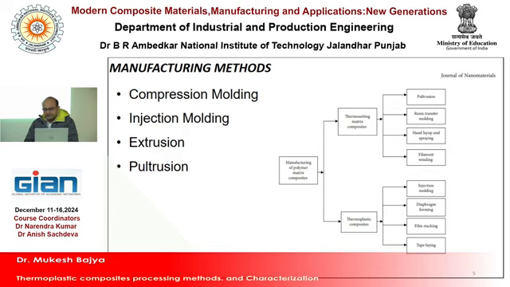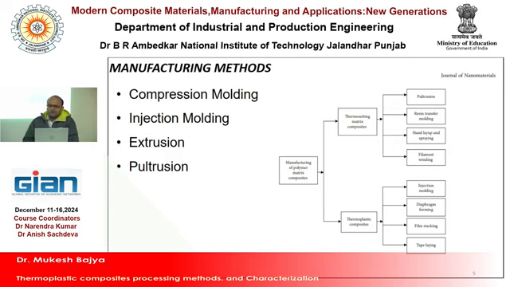And then for thermoplastic composites, there are injection molding and diaphragm forming. Diaphragm forming is a similar kind of process where you can manufacture the composites using hydrostatic pressure. And then the film stacking method, powder coating method and stapling methods are the different thermoplastic composite manufacturing techniques.